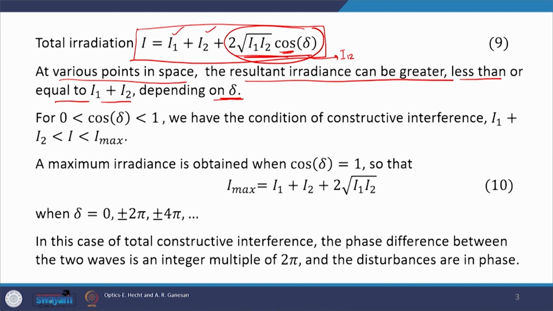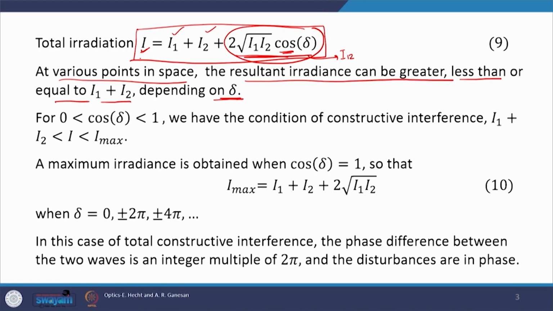Therefore the total irradiance at a few points in space would be equal to I1 plus I2, at a few places it would be larger than I1 plus I2, and in a few places it would be smaller than I1 plus I2.